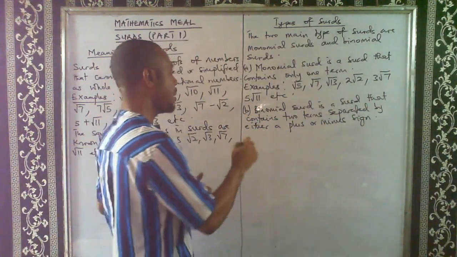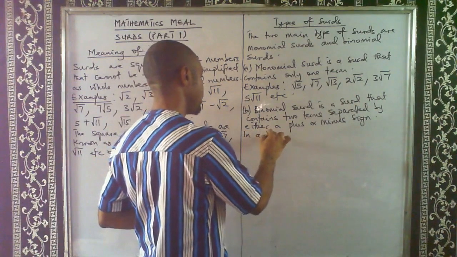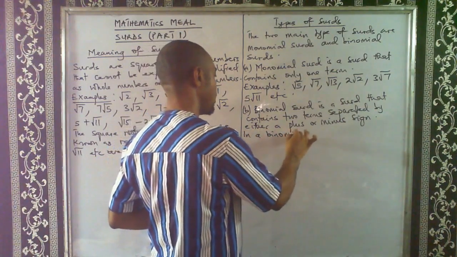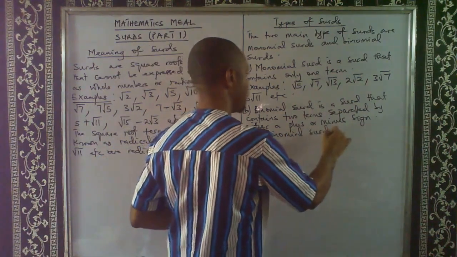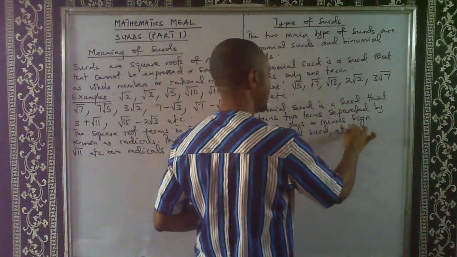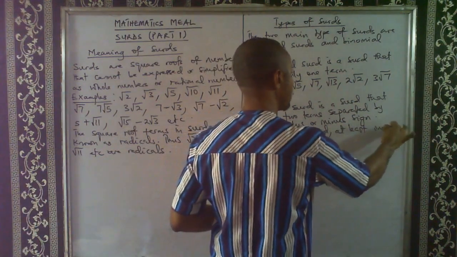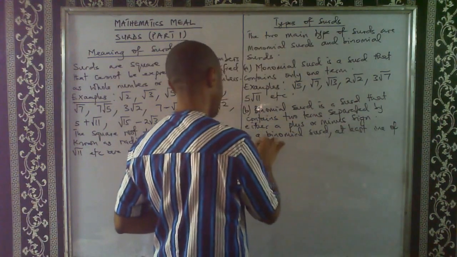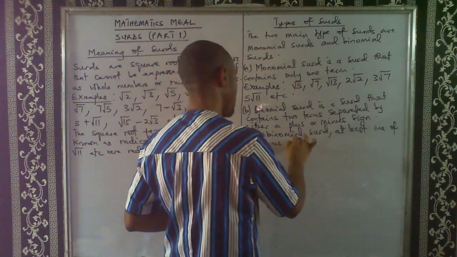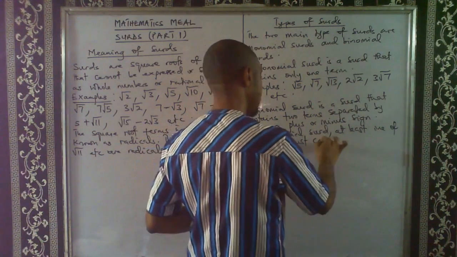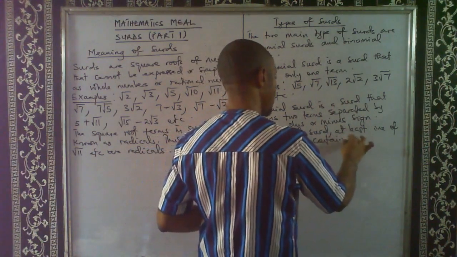And in a binomial surd, at least one of the terms must contain a radical.